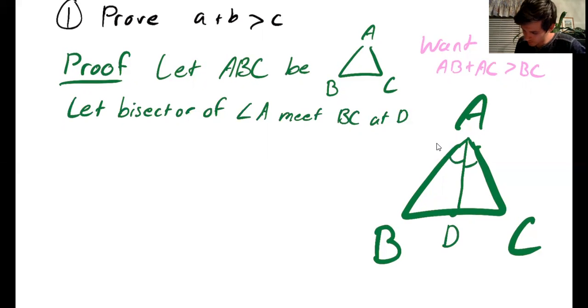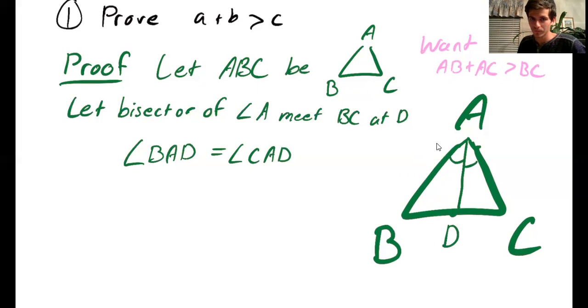So the angle BAD is going to be equal to the angle CAD, by definition of bisector. Now, we have that in place.